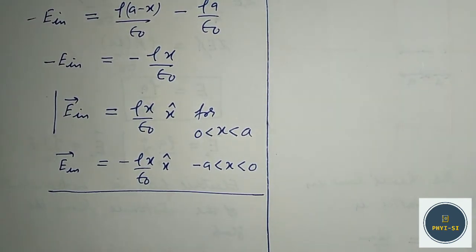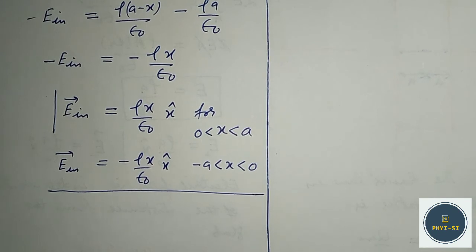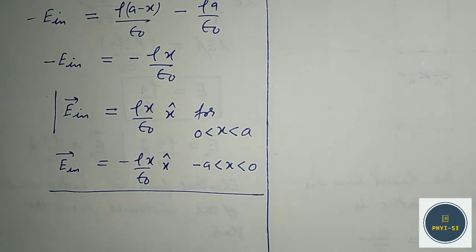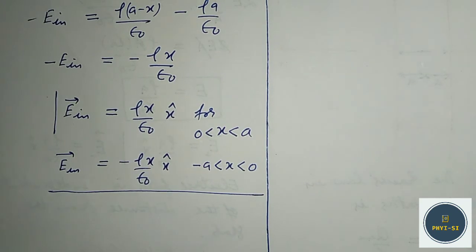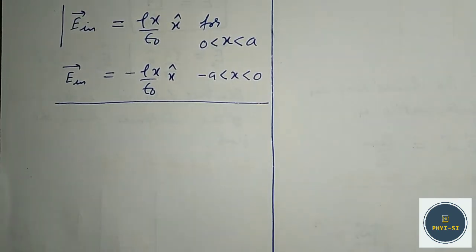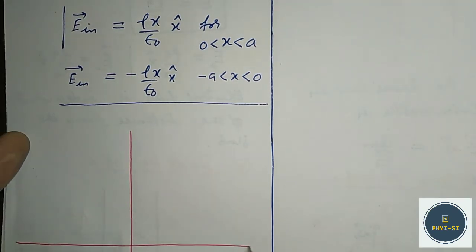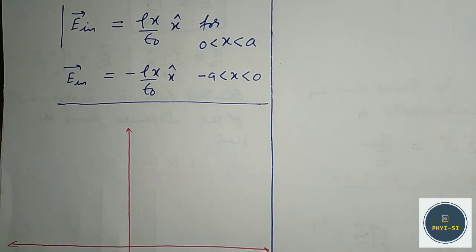So we can see that inside the slab, the electric field depends linearly on the distance from the center. If I plot this electric field, then I'll have the following graph.